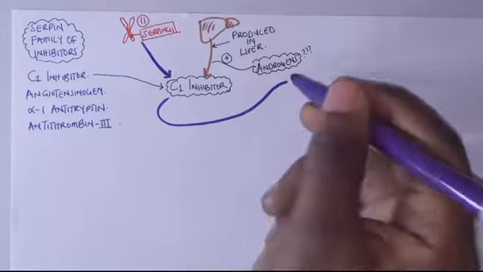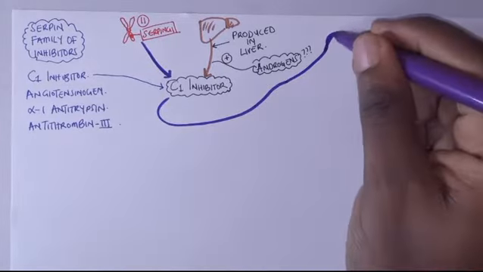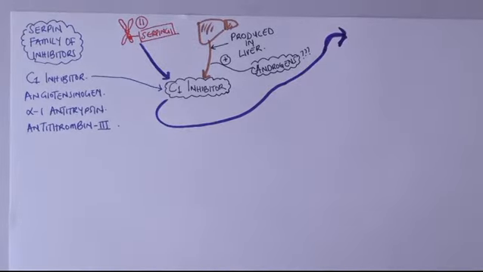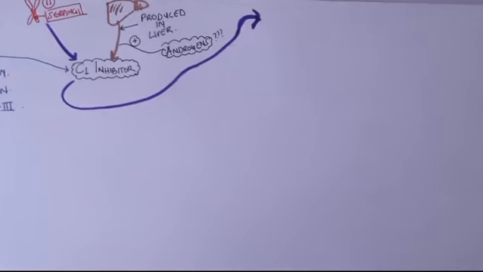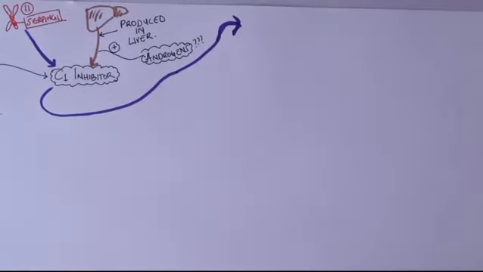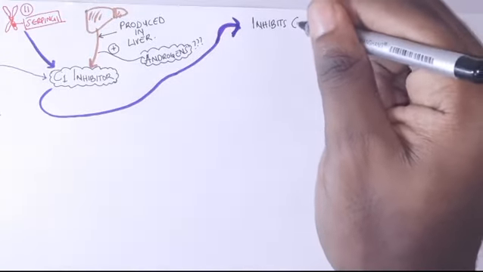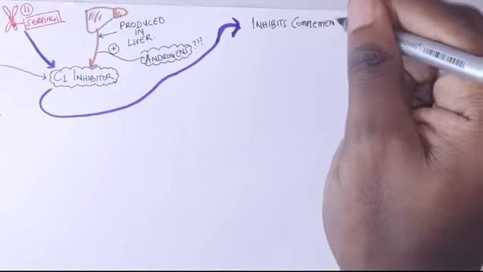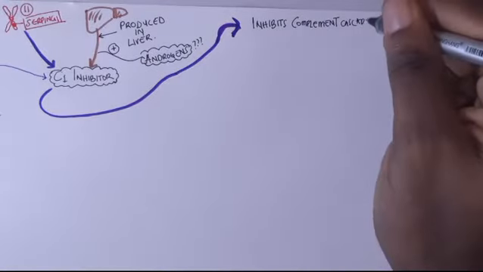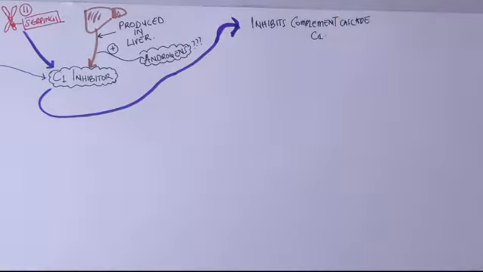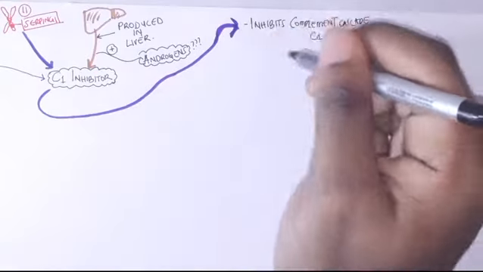And what are the functions of the C1 inhibitor? What we commonly know is that it inhibits the complement cascade responsible for innate immunity, by actually inhibiting C1 itself, especially the classical complement pathway, which starts from C1. But that's not the only function.